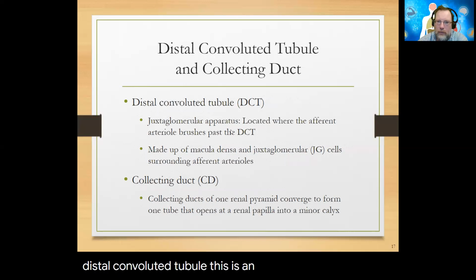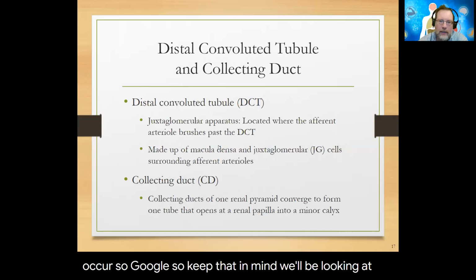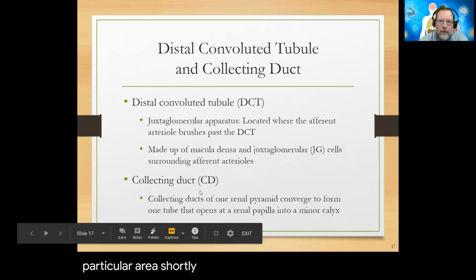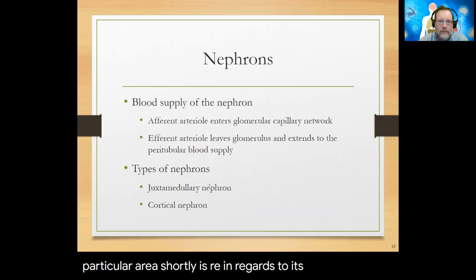This is an area where we can get some last minute, last second, really, reabsorption or secretion to occur. So keep that in mind. We'll be looking at that in more detail shortly as well. And the distal convoluted tubule, the juxtaglomerular apparatus or cells, as well as the macula densa. So we'll look at those two items in this particular area shortly in regards to its function.